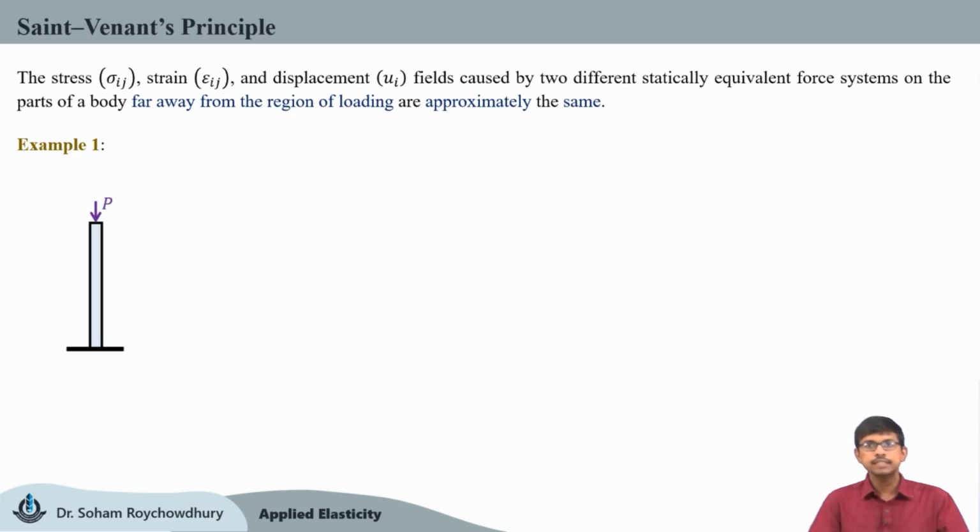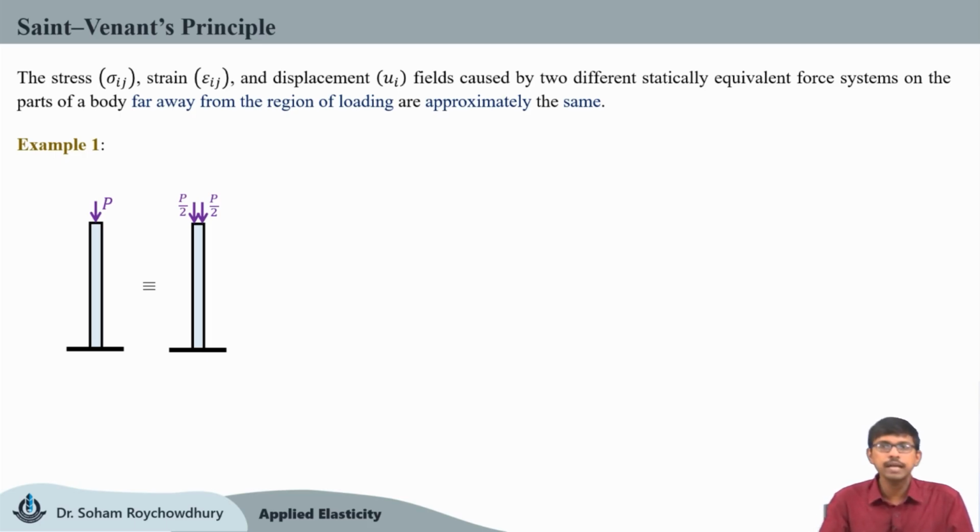So, let us consider a thin bar subjected to the axial compressive loading P at one of its ends, and the other end is a built-in end or cantilevered. Now, here instead of P at this particular top point, let us apply two different forces of P by 2, half of the magnitude of P, at two adjacent points.